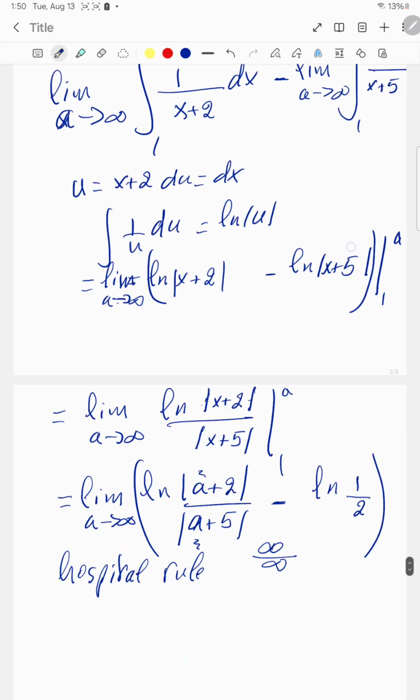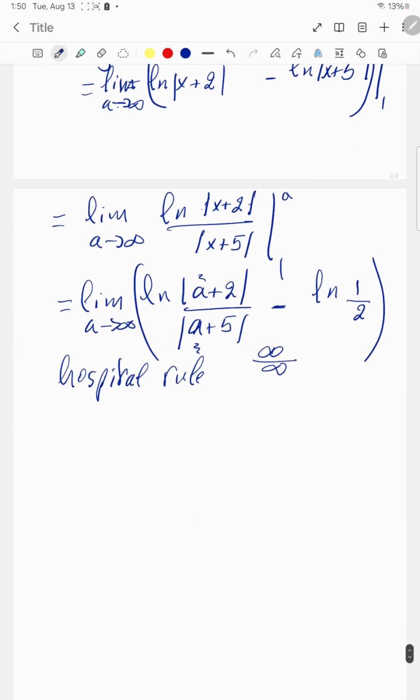With L'Hôpital's rule, I take the derivative of the numerator divided by the derivative of the denominator. So the derivative of a plus 2: derivative of a is 1 and derivative of 2 is 0, so it becomes ln of 1 divided by 1, which is equal to ln of 1, which is equal to 0.